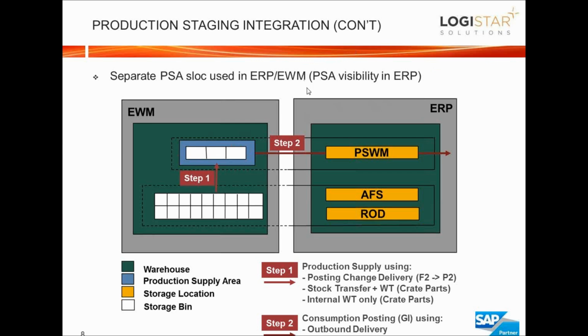From an ERP perspective, the PSA is actually seen in ERP as a storage location. So the first model is really saying, let's represent anything that's going into production staging within ERP and within EWM. In EWM, it'll be warehouse managed, but it'll also be seen in a PSA. But in ERP, we're going to see that stock at the SLOC level.